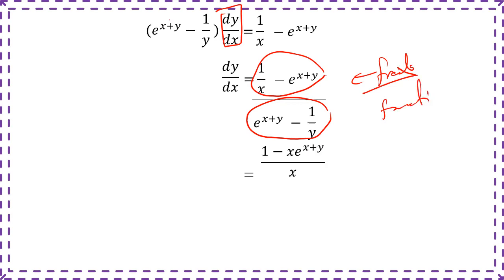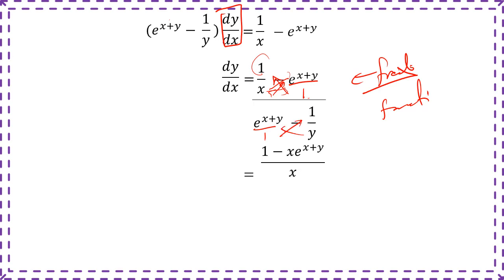So if you want to find the common denominator, means that this part here is over 1, right? So we are going to cross multiply and multiply with the denominator. We have divide with x, and for this side it will be 1 multiplied by 1 equal to 1, and minus x multiplied by e to the power of x plus y will be x e to the power of x plus y. And the denominator we also need to do the same as the numerator. So this is actually over 1.